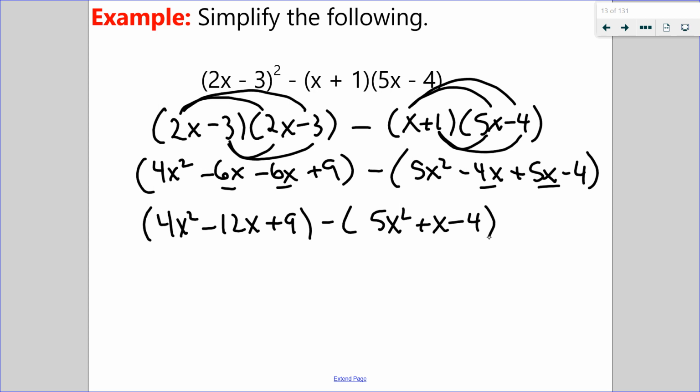So I have 4x squared and I take away 5x squared. That's negative x squared. I have negative 12x and I take away an x is negative 13x. And then lastly, I have a 9 and I take away a negative 4. So take away a negative 4, 2 negatives make a positive, becomes 13. And that would be my final answer.